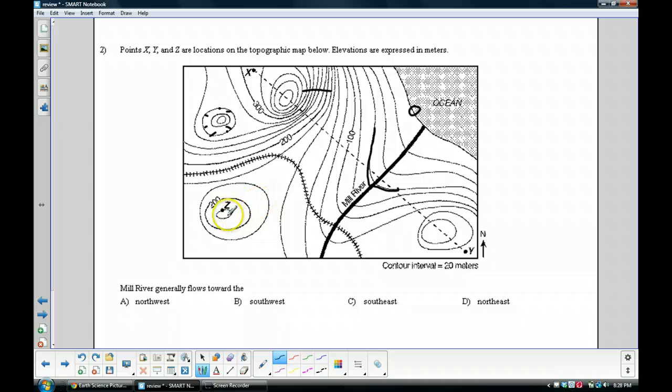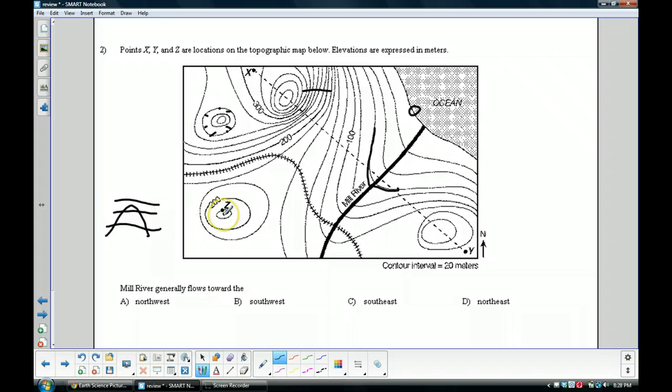The other thing, if you want to find the elevation at the highest point, let's say this point right here is the highest point. Remember, as you go up and over a mountain, mountains are never flat at the top. So if this was an elevation of 200, this was an elevation of 220, the next contour line would be 240.